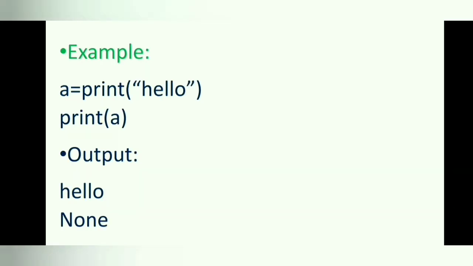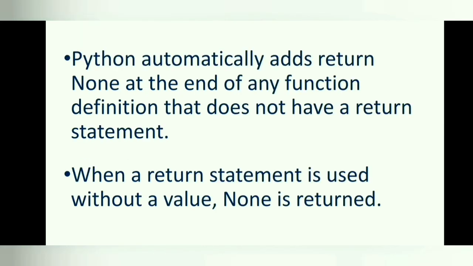For example, print hello is assigned to A. Print A. The output will be hello and None. Python automatically adds return None at the end of any function definition that does not have a return statement. When a return statement is used without a value, None is returned.